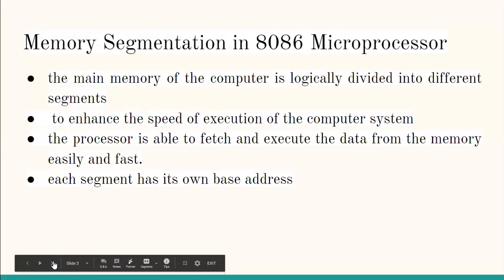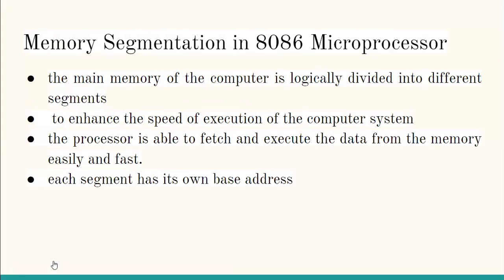As we have seen in the first lecture on the architecture of the 8086 microprocessor, it has 20 address lines. Because of these 20 address lines, at a time it is able to access 2 raised to 20, that is 1 megabyte of memory. This 1 megabyte of memory is divided into different sections, and this concept is called memory segmentation in 8086.